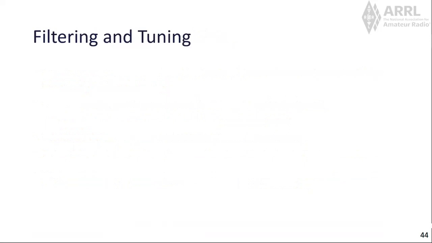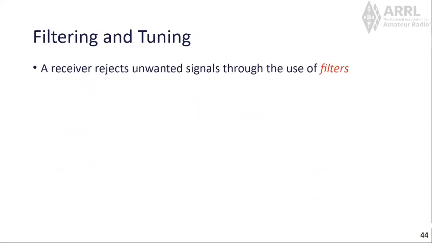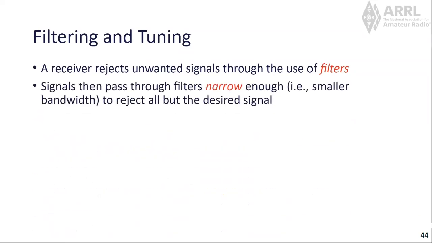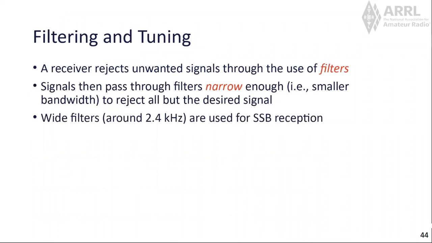Okay, filtering and tuning. A receiver rejects unwanted signals through the use of filters. Signals pass through filters with a narrow enough, smaller bandwidth to reject all but the desired signals. Wide filters around 2.4 kilohertz are used for SSB signal reception.